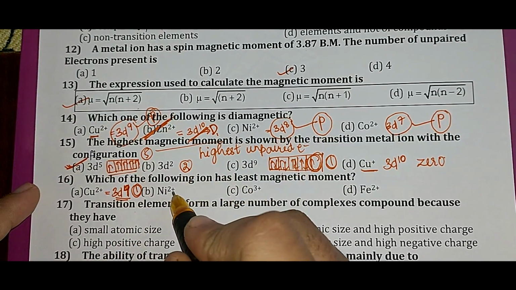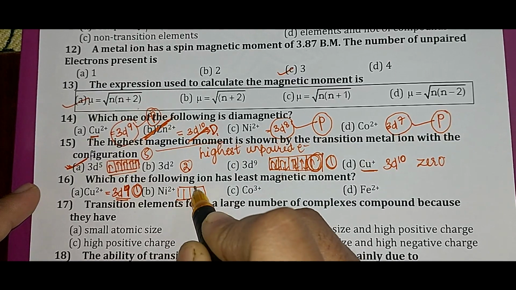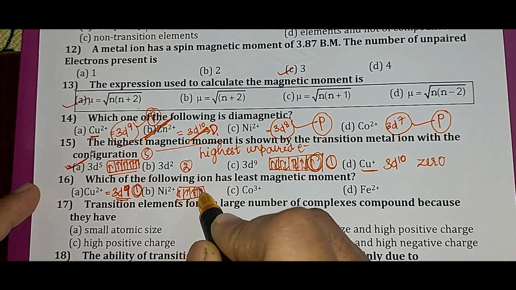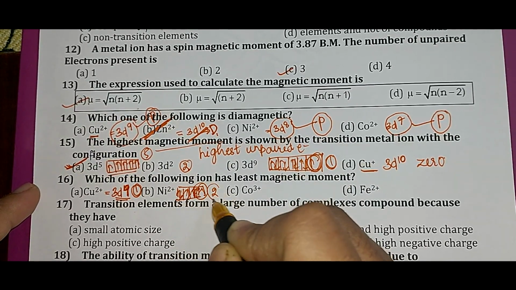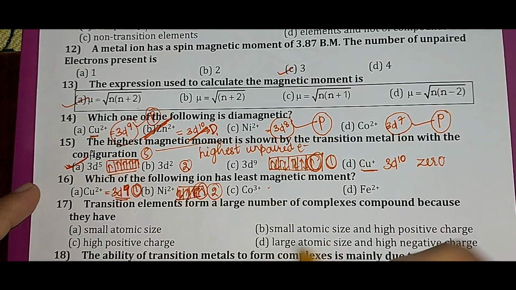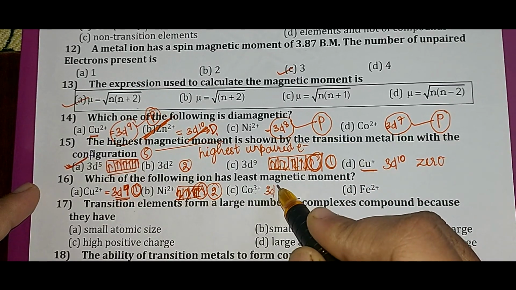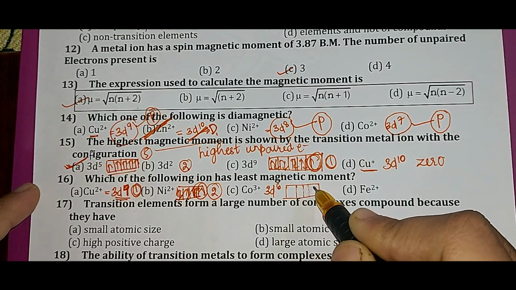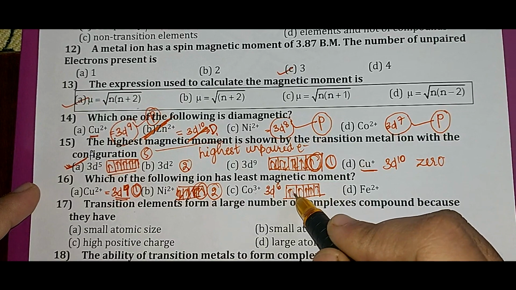So 3d8 means when you write the electrons, how many unpaired electrons do you get? We'll consider here 1, 2, 3, 4, 5, 6, 7, 8. So 2 are unpaired. So 2 unpaired electrons in Ni2+. Co3+, atomic number is 27, and in +3 oxidation state it becomes 3d6. So 3d6 means the number of unpaired electrons in Co3+: 1, 2, 3, 4, 5, 6.